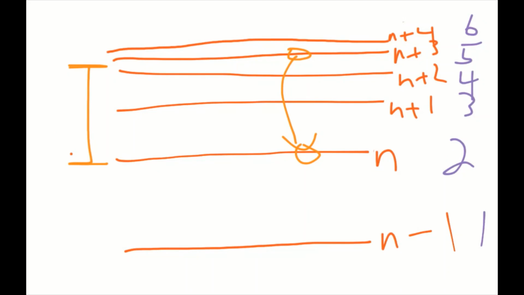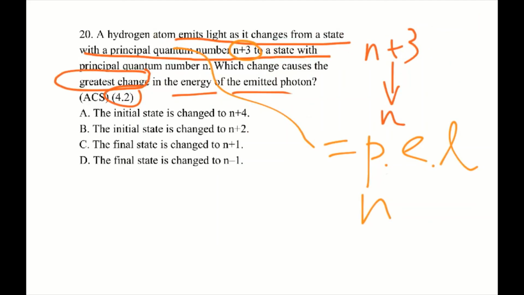So this bar in orange will show you the amount of energy in the photon that was released when the electron hops from n equals 3 to n. Now the question is asking which change to one of these states causes the greatest change in the energy of the emitted photon. So I'll show you later how that looks.